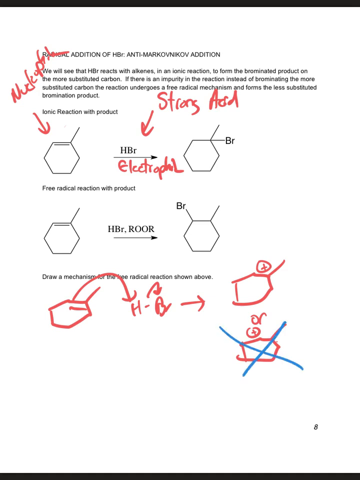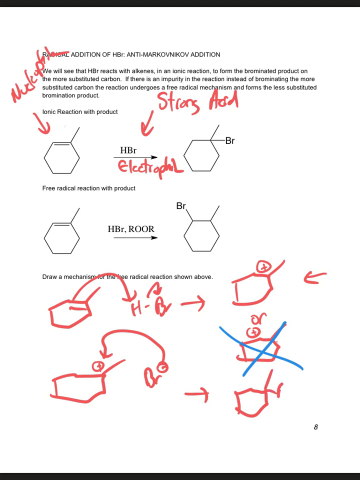So this one will not form, it will only form the more substituted one. Once you have the cation, the bromide can add to that, and that gives us the 1-bromo-1-methyl cyclohexane. So that's the mechanism for the first one.